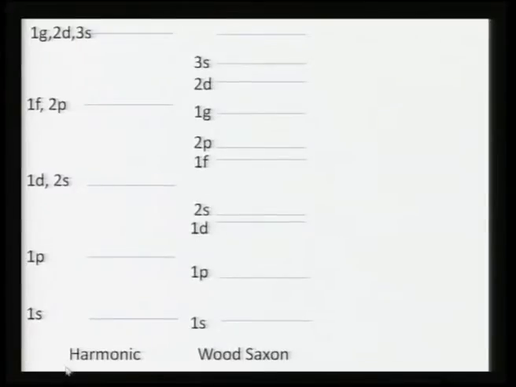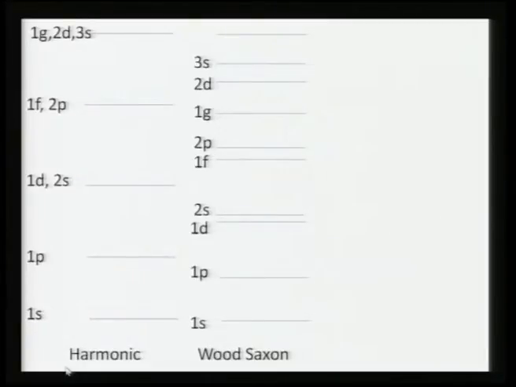Now, compare: 1s I have drawn at the same height, 1p has come down. Then 1d and 2s both have come down. This is the general feature. From infinite potential, if you are coming to finite potential, normally your energy levels will come down. So, 1d and 2s are coming down by different amounts, and therefore, the degeneracy is lifted.